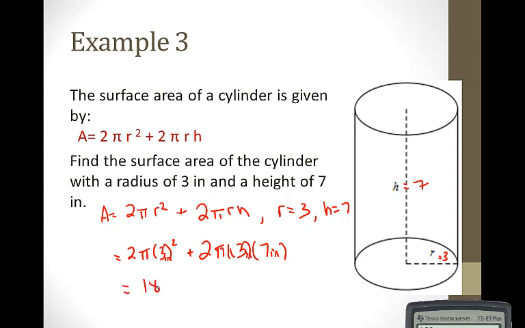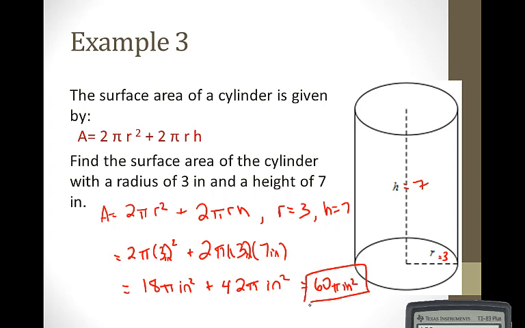So here I have 18 pi inches squared plus 3 times 7 is 21 times 2 is 42 pi inches squared. And then 18 plus 42 is going to be 60 pi inches squared.